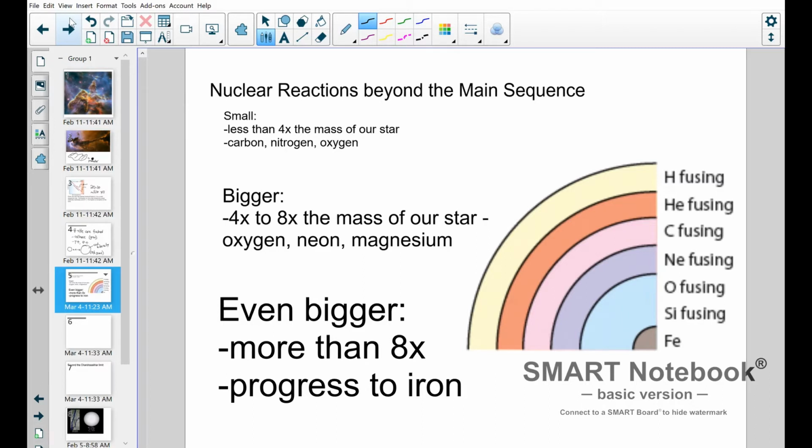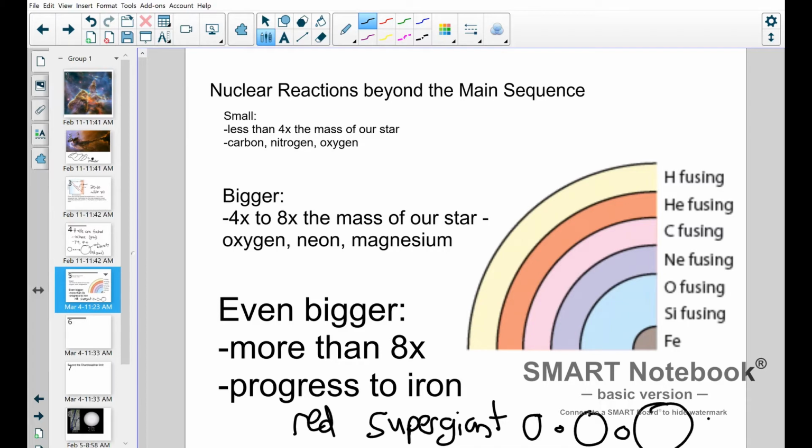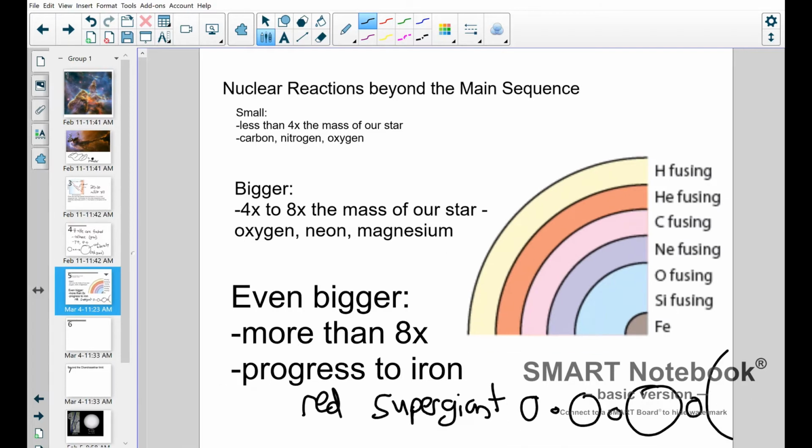And these are the ones where we end up with the red supergiants, because at every stage of fusion finishing, collapsing, increasing temperature, increasing pressure, until it's hot enough to restart, every time we had that collapse, we end up with these massive, massive stars that are cool and not very dense.